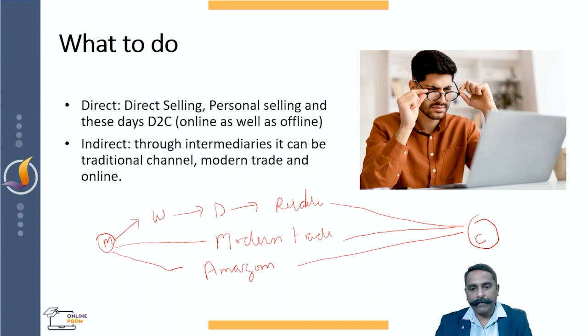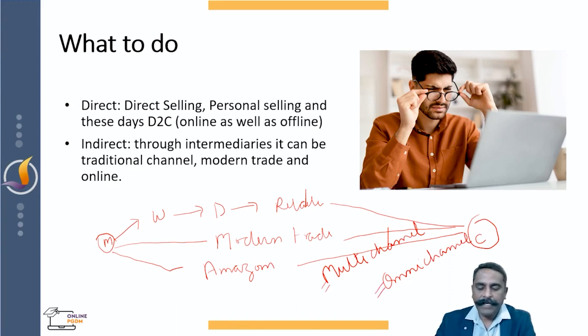So the same product, you may decide to make it available through multiple channels, and this is typically called multi-channel distribution, or it is also called omni-channel. Multi-channel and omni-channel are not the same terms. The only similarity between them is that in these cases the organization is using more than one way to make their products available to the consumers.